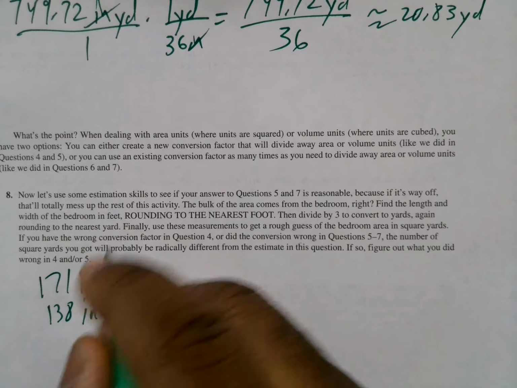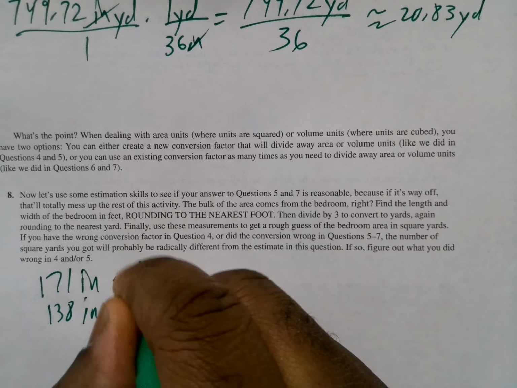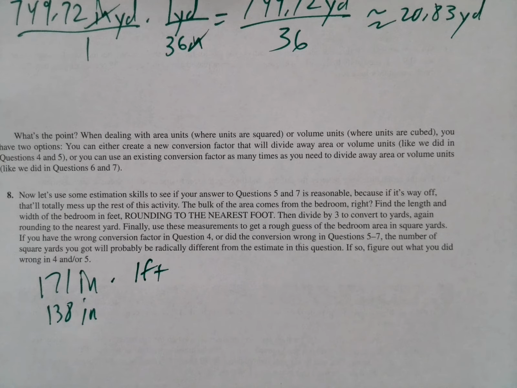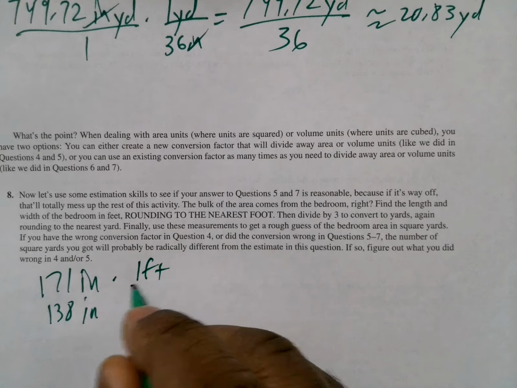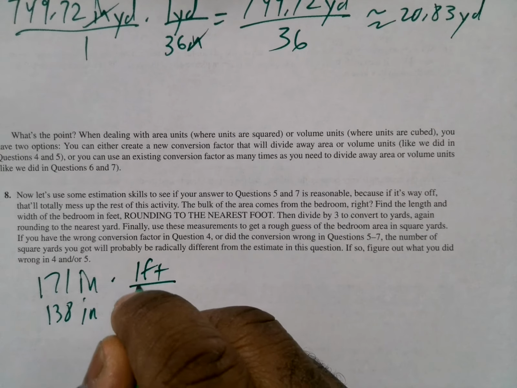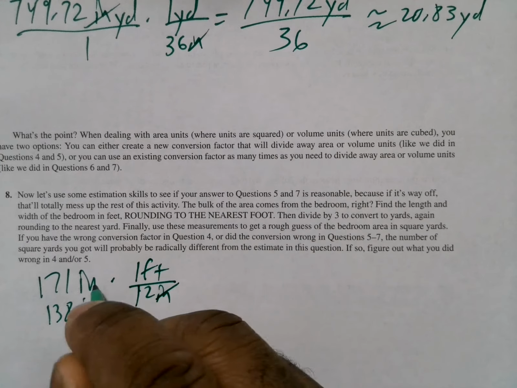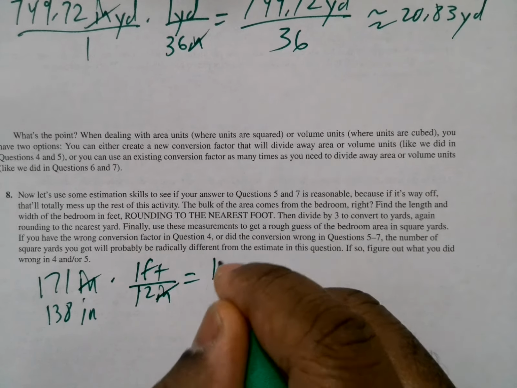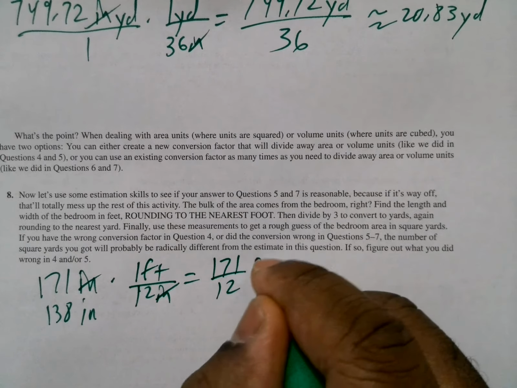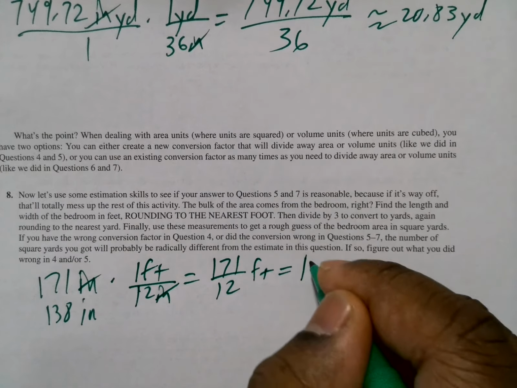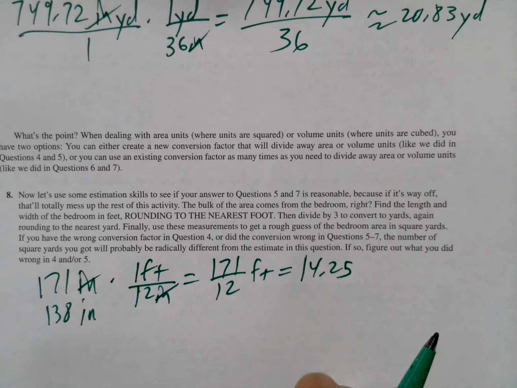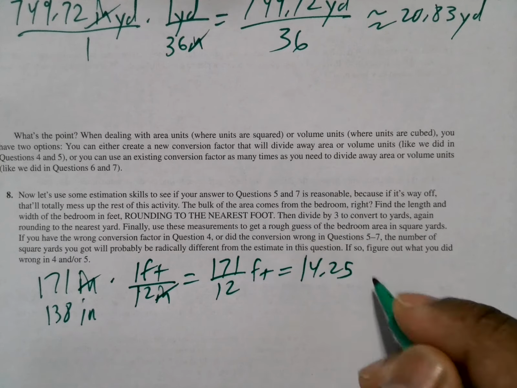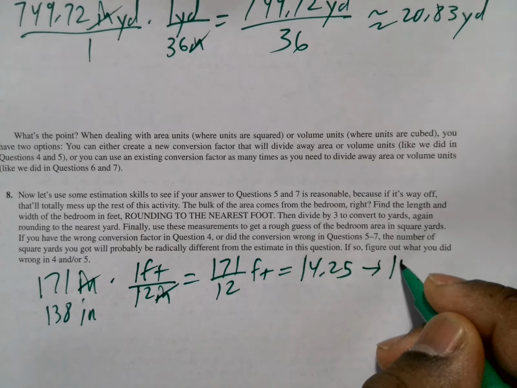So we have 171 times 1 foot over 12 inches. The inches will simplify each other out, and that would give us 171 over 12 feet, which is 14.25. Now, when you round this to the nearest whole number, it'd be 14 feet.